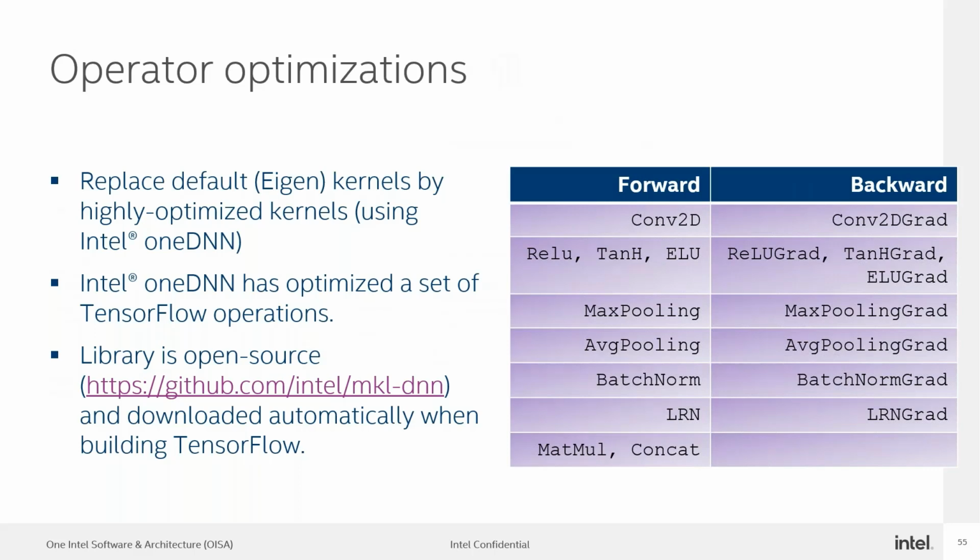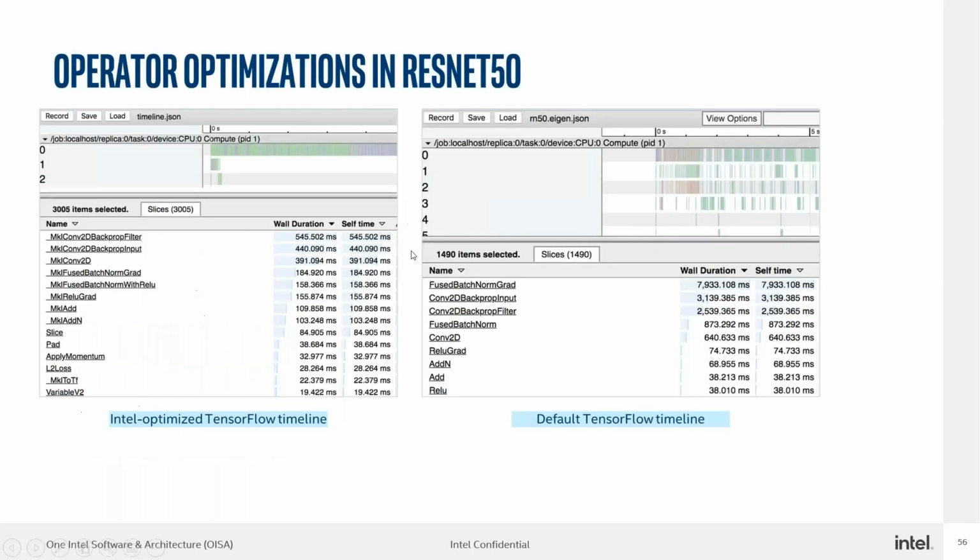optimization. And when we use this optimization, we can see that for each operation, the time taken will be reduced. So let's take an example. Let's say this is without any optimization from oneDNN.